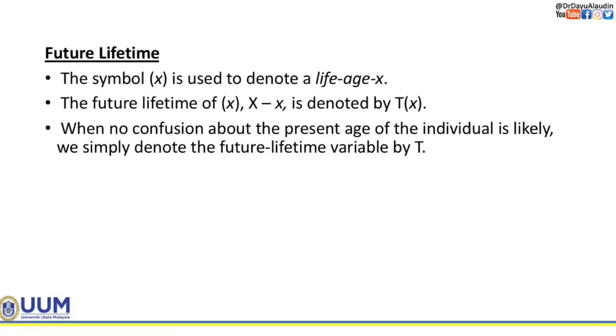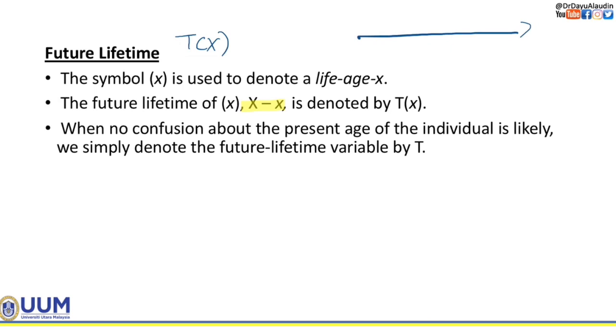So now we learn on future lifetime. The notation for future lifetime is Tx. The symbol (x) is used to denote a life aged x. The future lifetime of (x) is big X minus x.